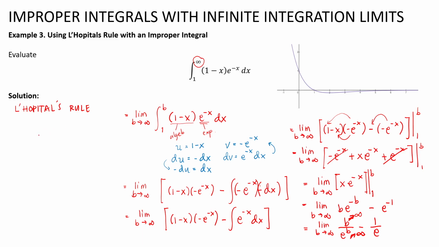The limit of b approaches infinity of b over e raised to b will give you 0.